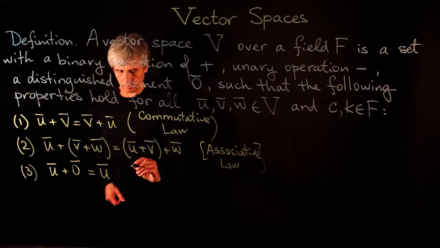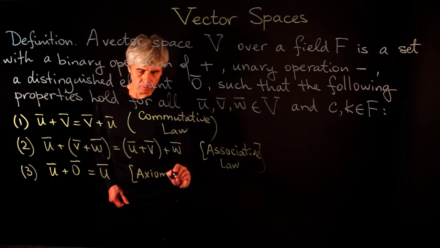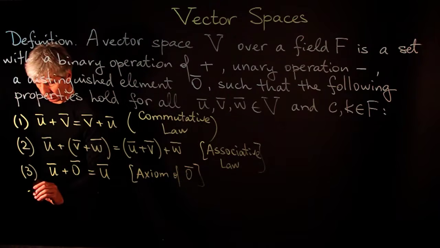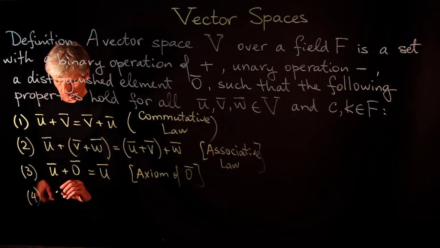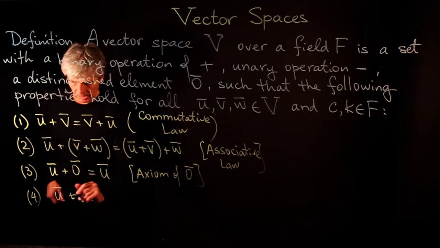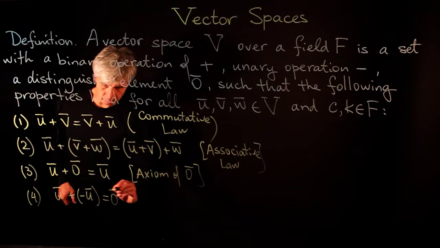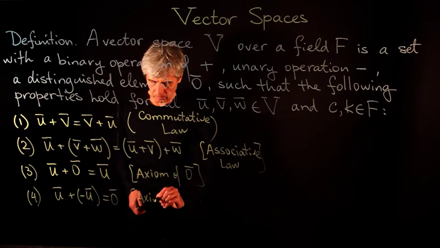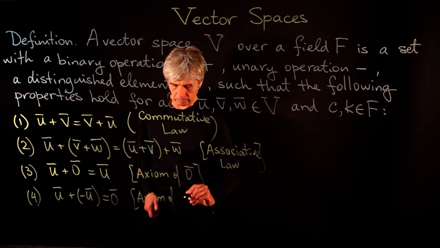So this is axiom of 0. Next one is u plus the negative of u is equal to 0. So this is axiom of negative, opposite.